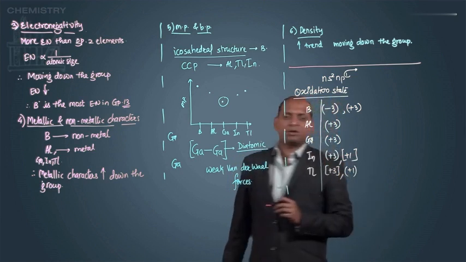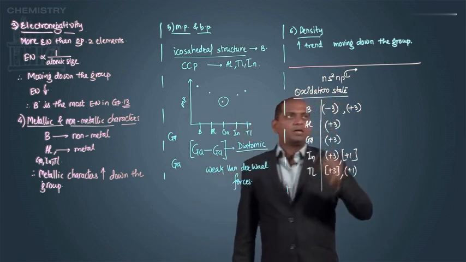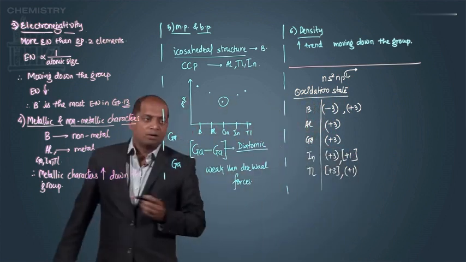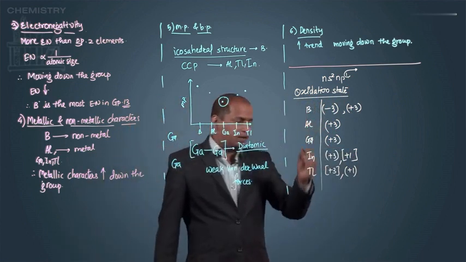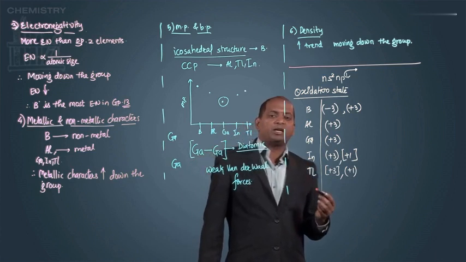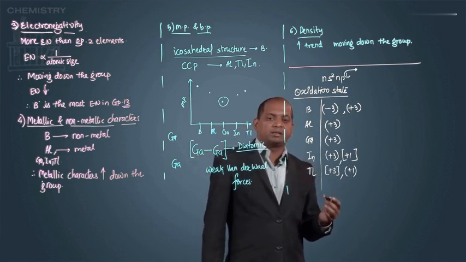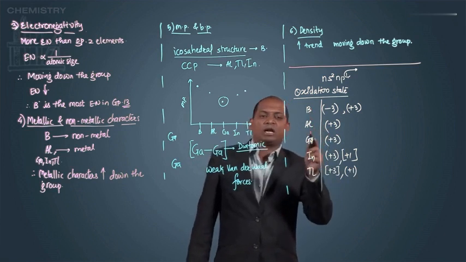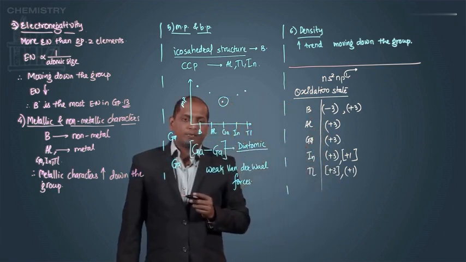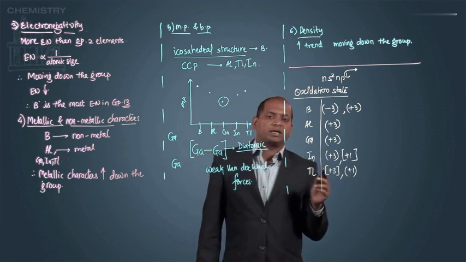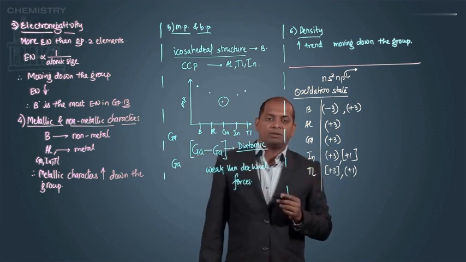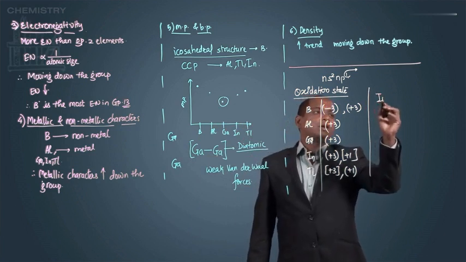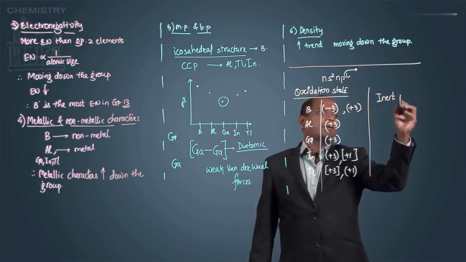Now why +1 oxidation state? One electron is removed from the p orbital. As we move down the group, the stability of the +1 oxidation state increases. +1 does not actually exist for boron, aluminium and gallium. The +1 oxidation state is observed for indium and thallium only. It is because of a concept called the inert pair effect.